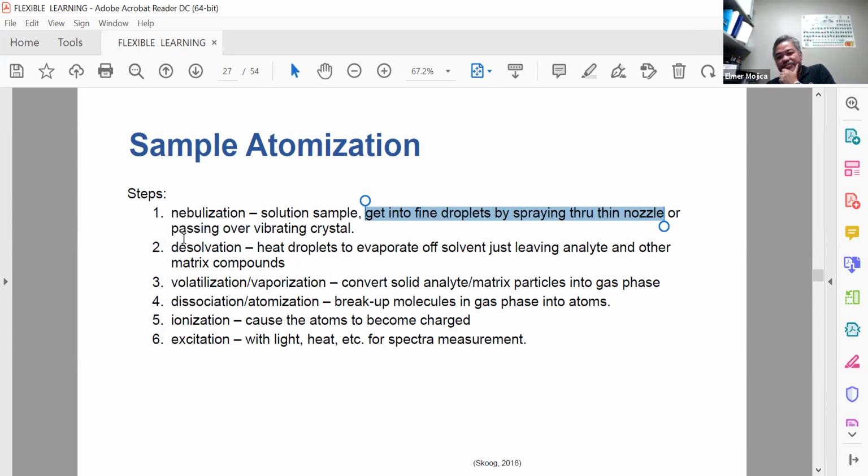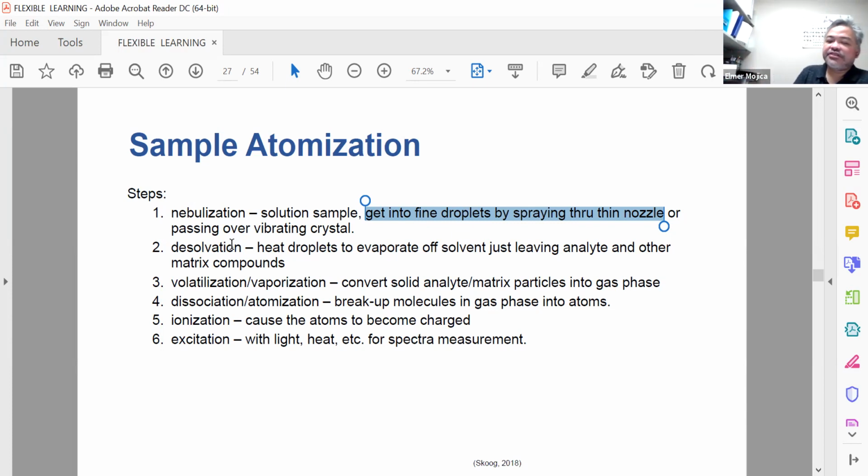You're removing the solvent. You heat the droplets to evaporate the solvent, just leaving analyte and other matrix compounds. So you nebulize, make them into fine droplets, and then desolvate, you remove the solvent, and there's no more solvent, only the matrix substances in your sample.